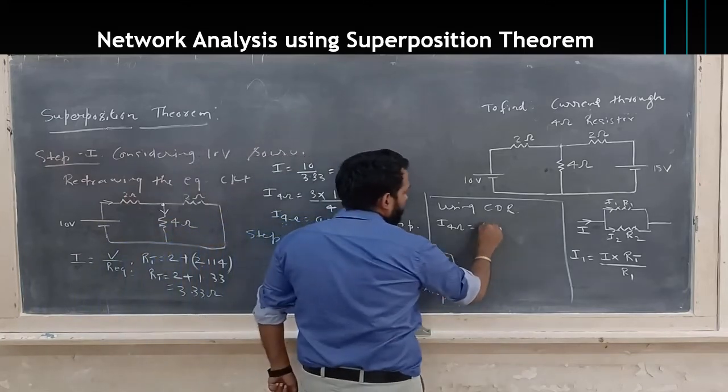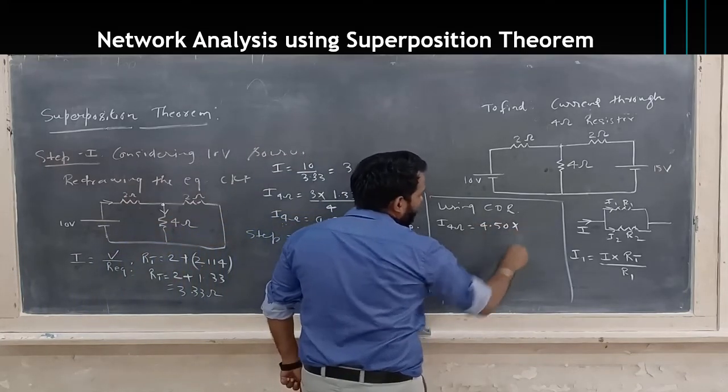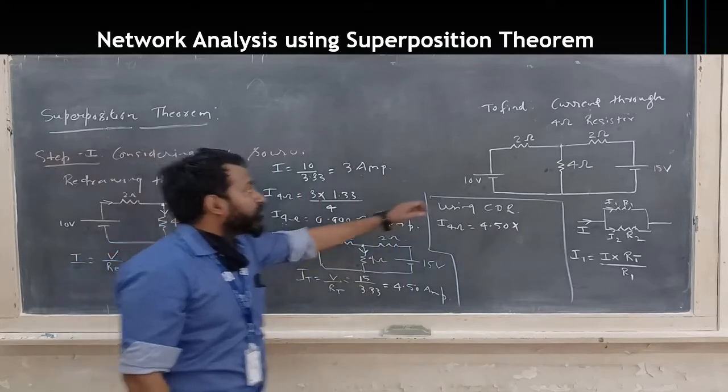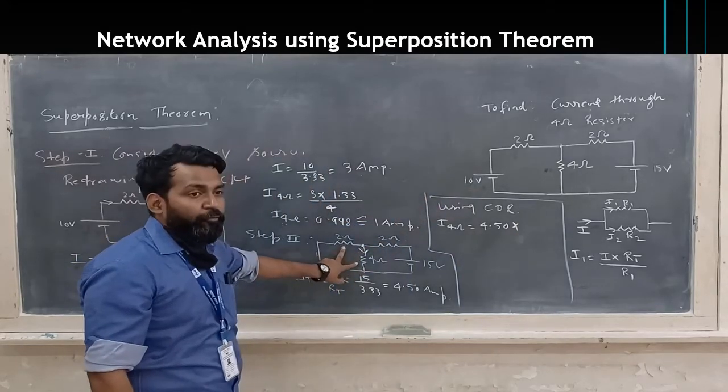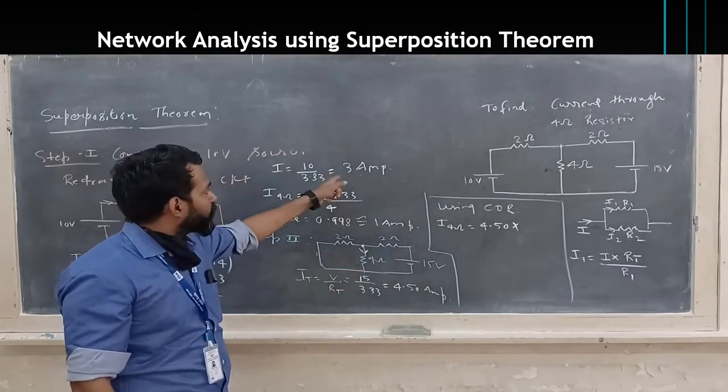So 4.50 multiplied by RT. What is the RT? RT is the parallel combination of 2 and 4. Parallel combination of 2 and 4 is 1.33.